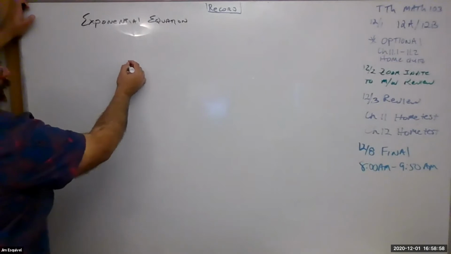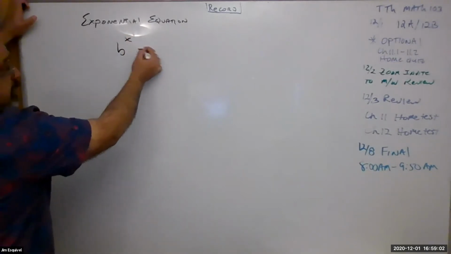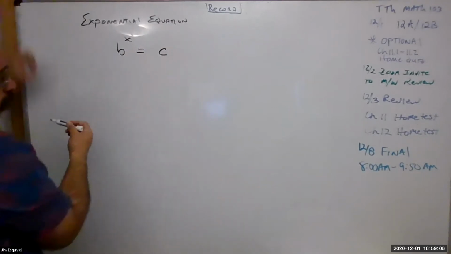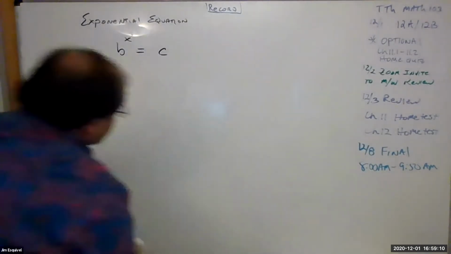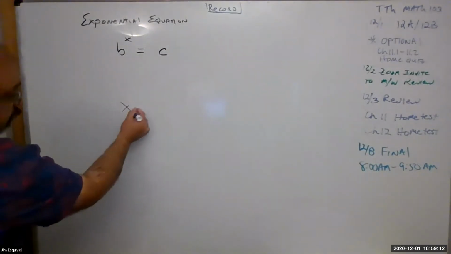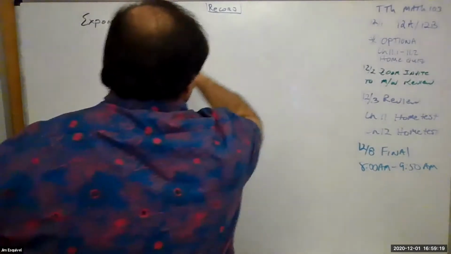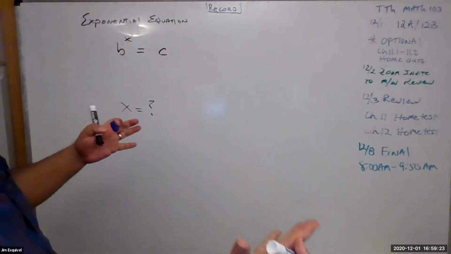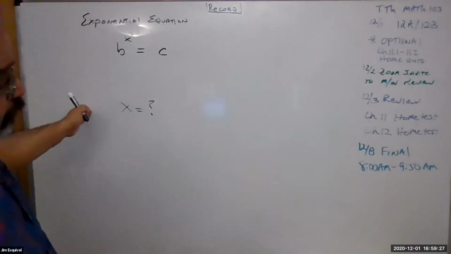Something that looks like b to the x equals some number c. We want to know, what does x equal? Solve for x. Sorry, I said that backwards. This is where we've been, and this is where we're going: solving an exponential equation.